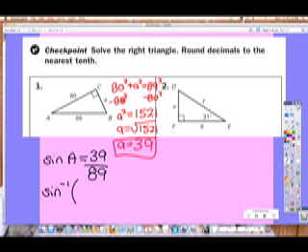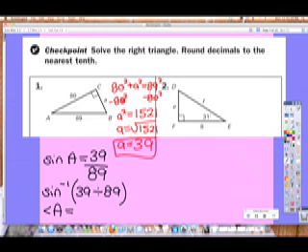So I would just type it in like that. Do 39 divided by 89. And then again, let's just be nice to ourselves. Round to the nearest whole number angle. What did you get? 26? Okay.